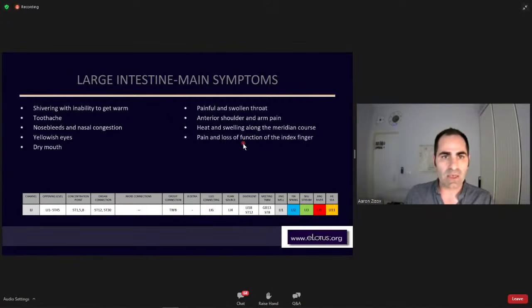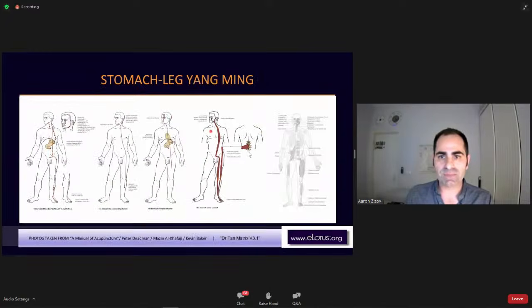All the rest. Okay, so we talked also about stomach. Pay attention to the stomach TMM also, with the connection to the stomach. Yang Ming is controlling the whole anterior part.